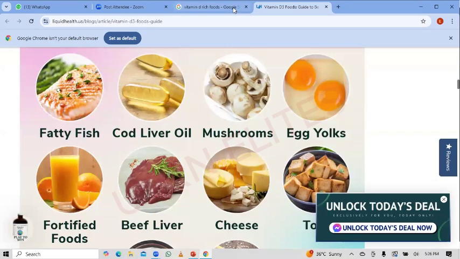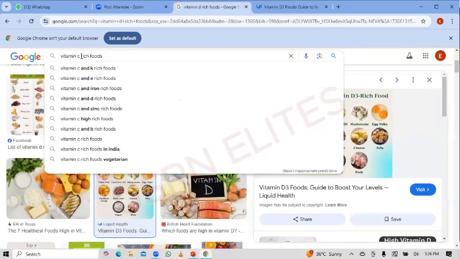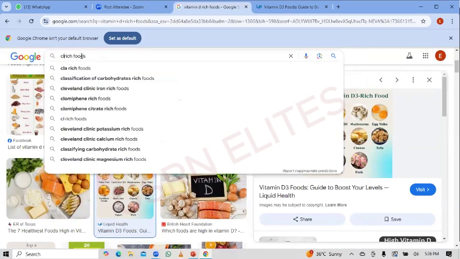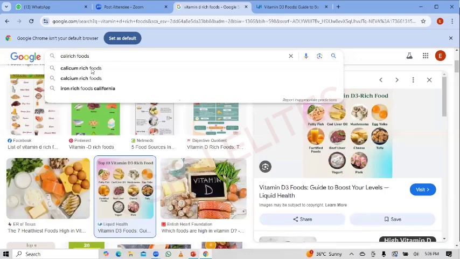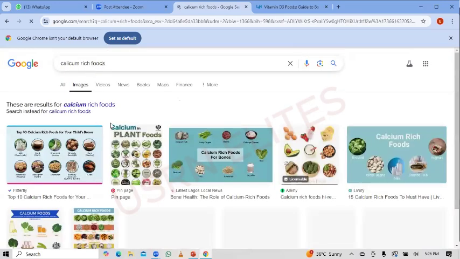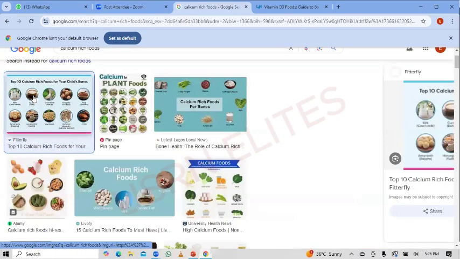So let's take that. You can also look at calcium rich foods. We have milk.